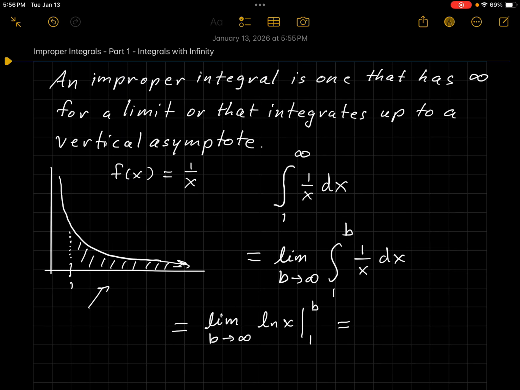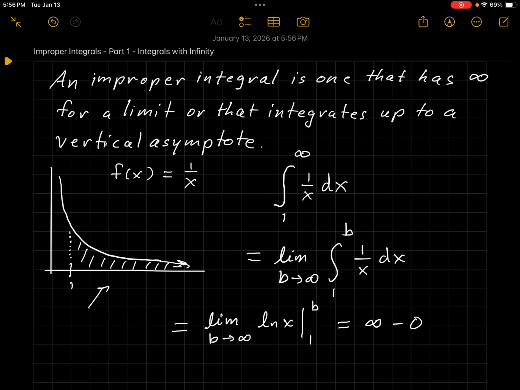Somewhere along the line, we need to plug in b equals infinity, quote unquote. Depending on your professor, maybe you can put down infinity. I recommend that you don't actually write it out in your paper, but in your mind, think b equals infinity. So I have the natural log of infinity, which is infinity, minus the natural log of 1, which is 0.